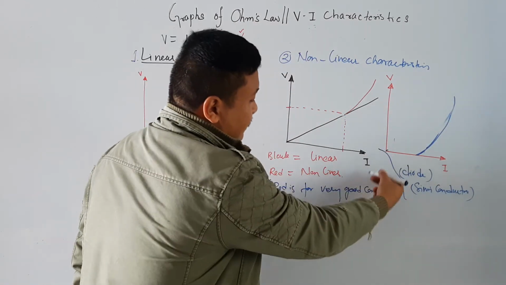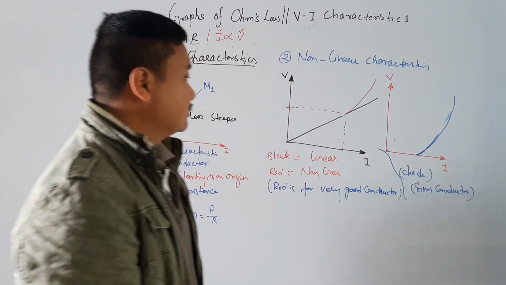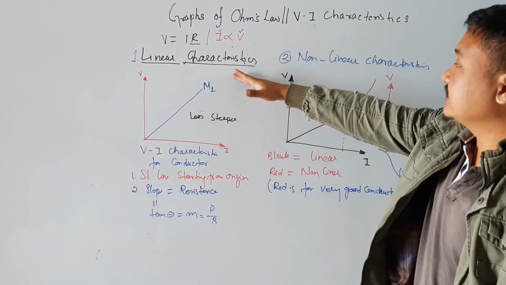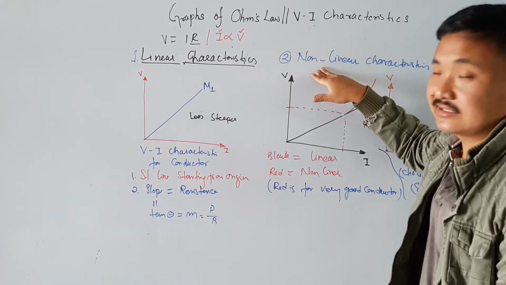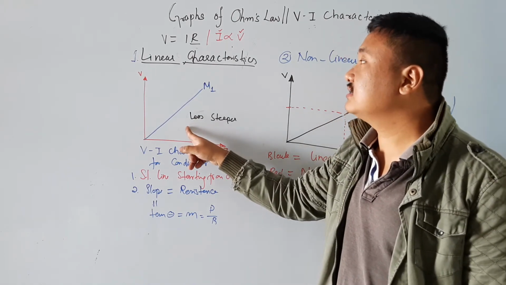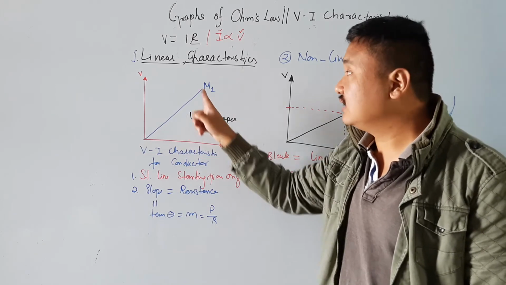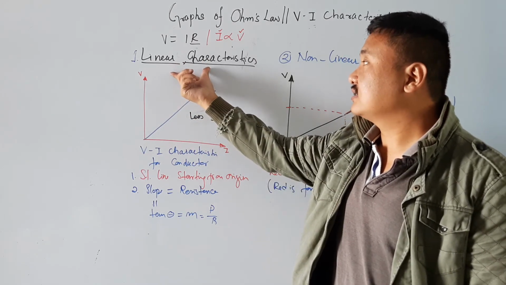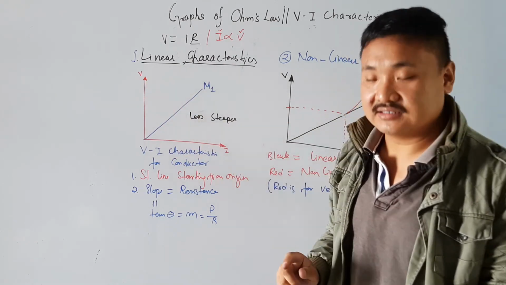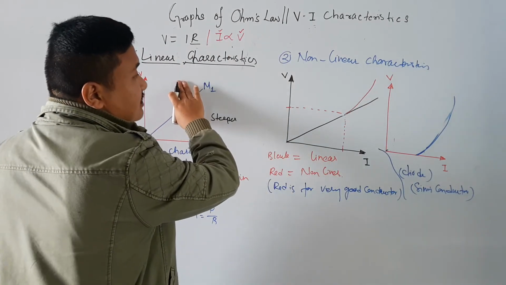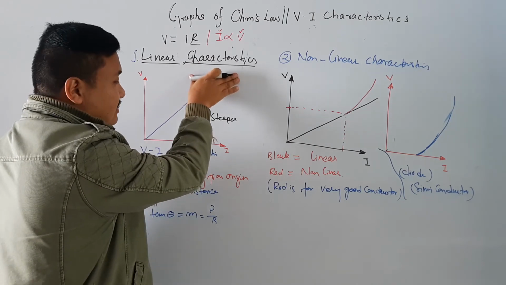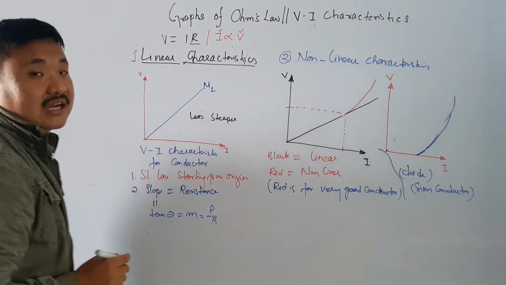I will not draw the other part here, which we studied in other chapters. Now, one gave linear characteristics, another gave non-linear characteristics. Those materials which follow linear characteristics, which give linear VI characteristics, are called ohmic conductors.